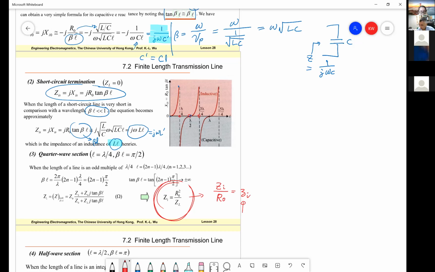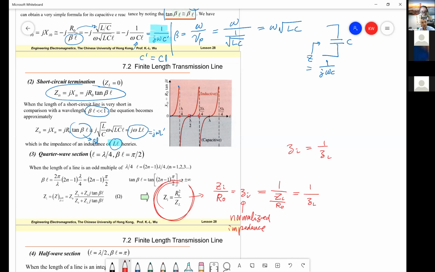This is called normalized impedance. So this equals 1 over z_L divided by 0, right? So this equals z_L. So that means z_in equals 1 over z_L.